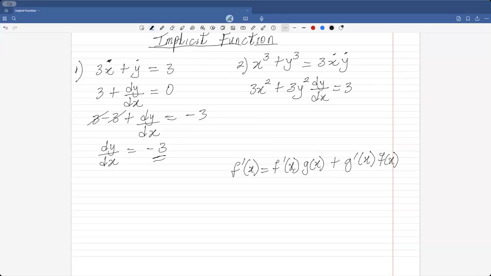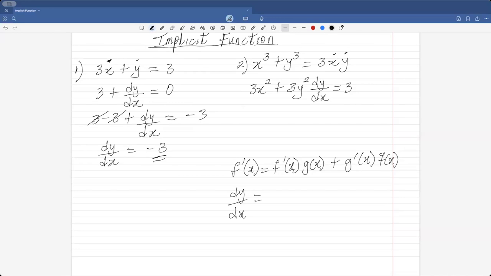Alternatively, we can find the derivative of a function using product rule by introducing dy/dx. At this point, if we are given two functions, we can call them f(x) and g(x), or we can call them u and v.